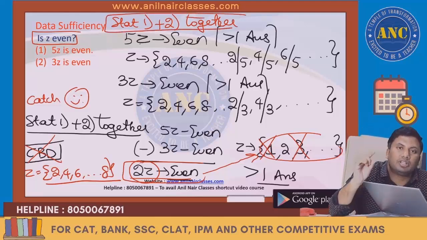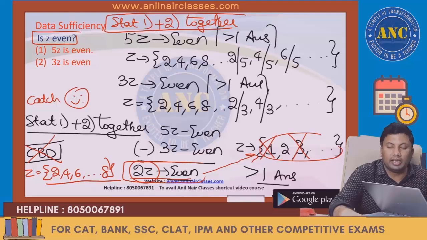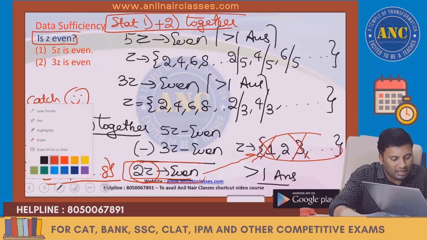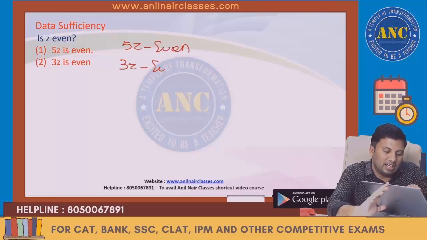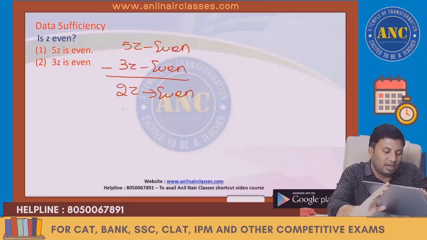Please write down these important key points in your notebook. I will write them down here also. 5z is even. 3z is even. If I do the mathematical operation of subtraction, 2z is even. Z is nothing but 1, 2, 3, 4 and so on.